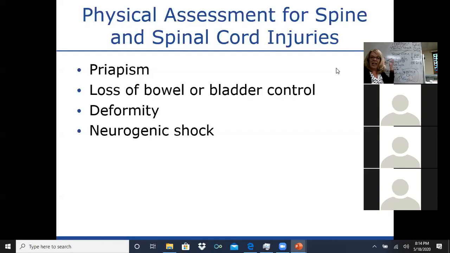Typically, people in an accident that are unresponsive should not be pink, warm, and dry, right? They should be pale, cool, and clammy. They should be tachycardic. The low blood pressure, yeah, we might suspect hypovolemic shock and internal injuries, but it isn't consistent with what else is going on and with our findings as we assess them.